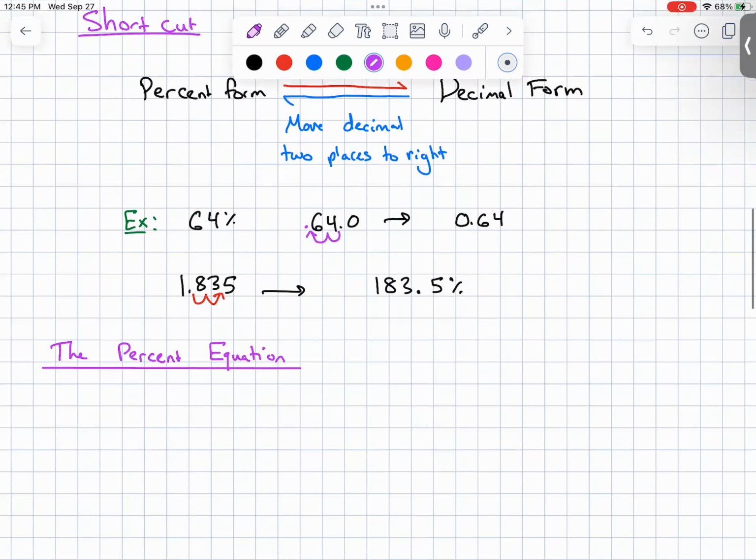So an amount, quote unquote A, is some percentage, we'll call P, of a base B. That's how we can kind of decipher percentages in terms of the amount and the base. Let me give you an example of what I'm talking about once you've written that down.